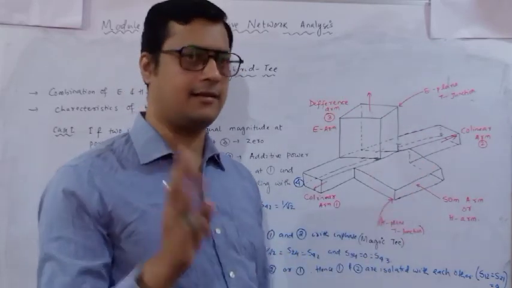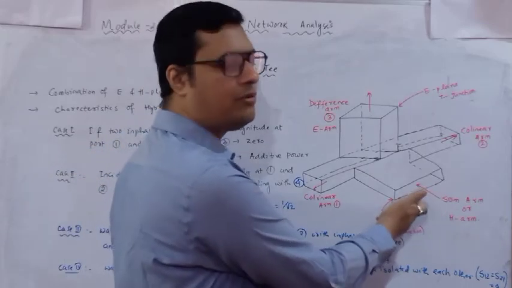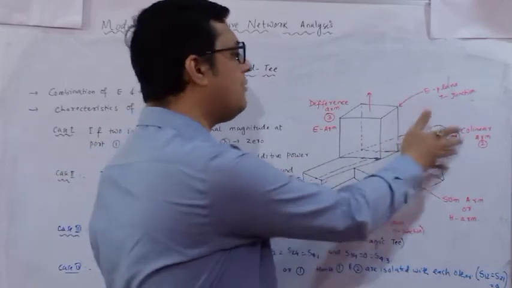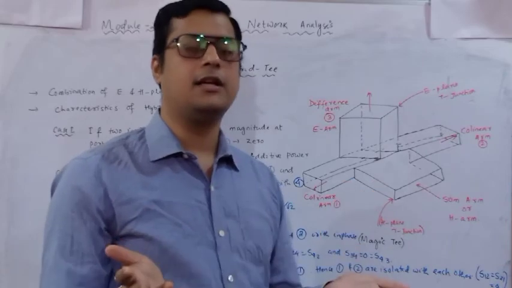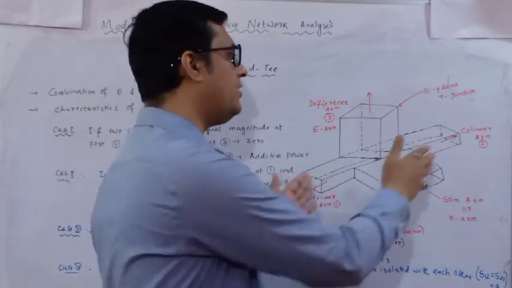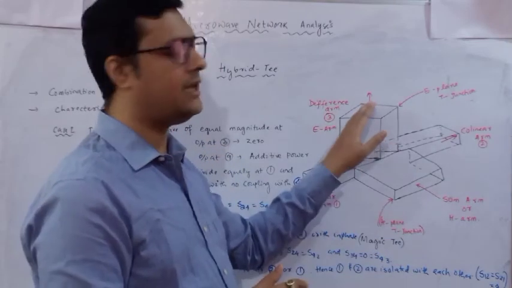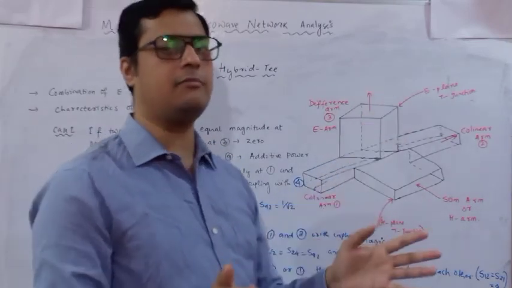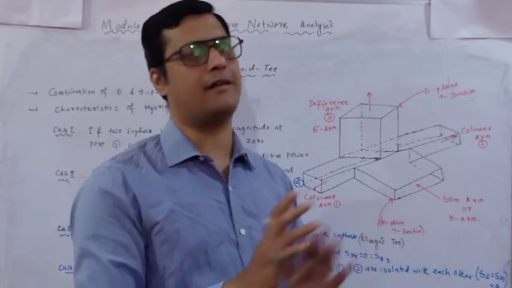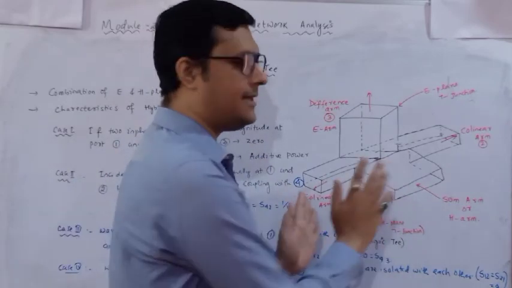Third, if you feed the power at port 4, what will happen? Equal power with equal in-phase components is going to be delivered at port 1 and port 2, and no power is going to be delivered at port 3. So there is no link between port 4 and port 3 once again. That is the third case.